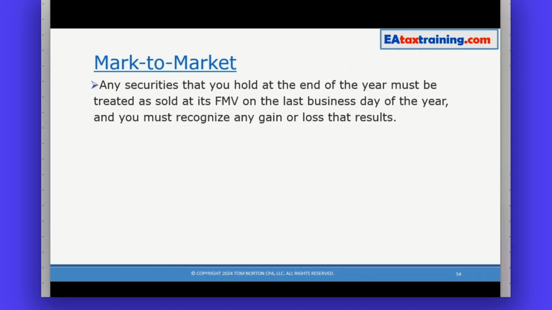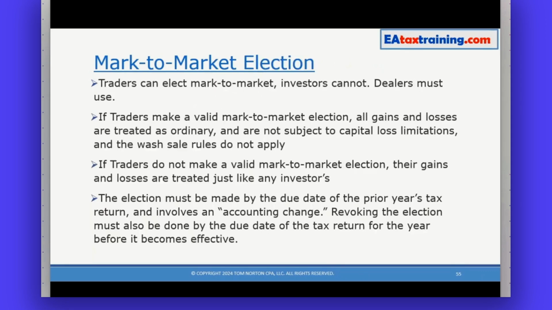You look online and see, okay, what are these securities? How much are they? What's their value today? If I sold it today, what would be my gain or loss? And you have to compute that for every security that you have. And then you recognize any gain or loss if you use this mark-to-market system.